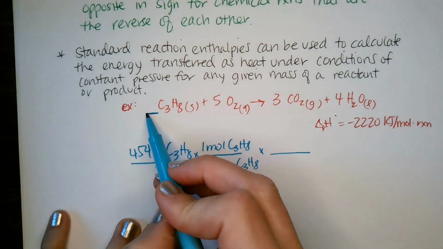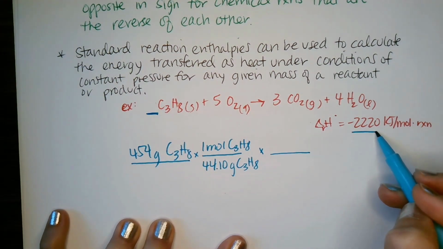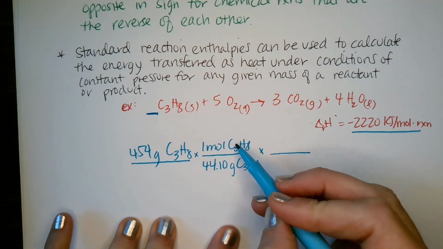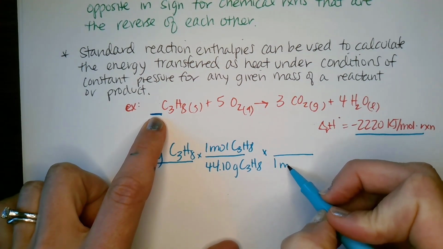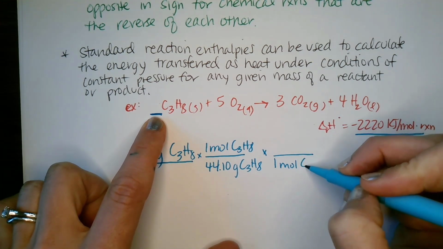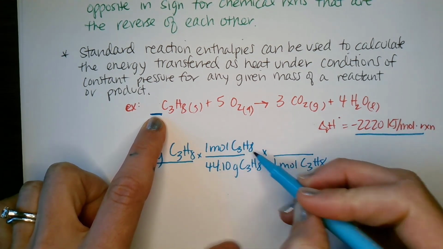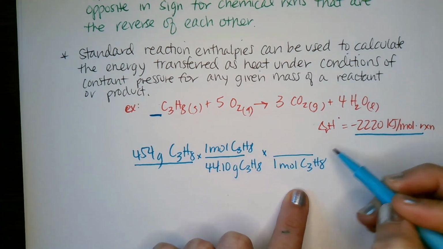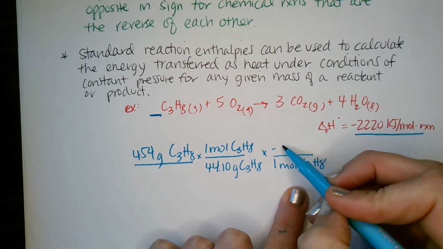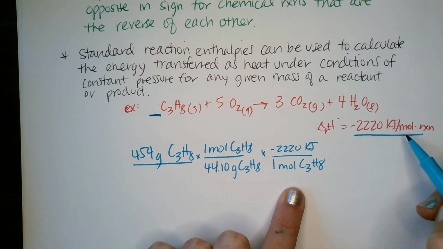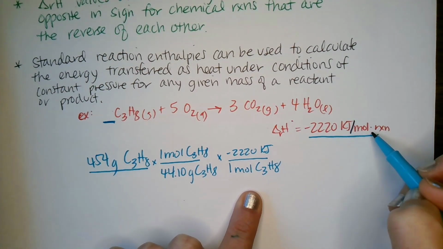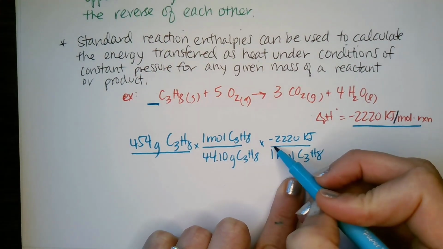So I want to get to energy. What's great about being given this enthalpy is we know that for 1 mole of propane, this much energy is released. So we can just use this ratio, 1 mole of C3H8, and again, I have to have that diagonally, is equivalent to negative 2220 kilojoules.